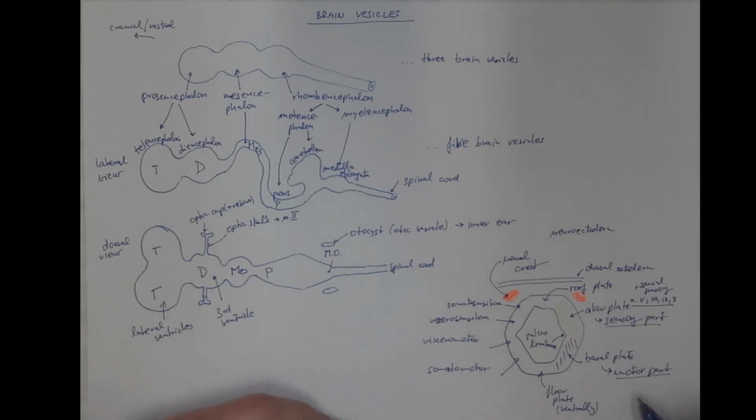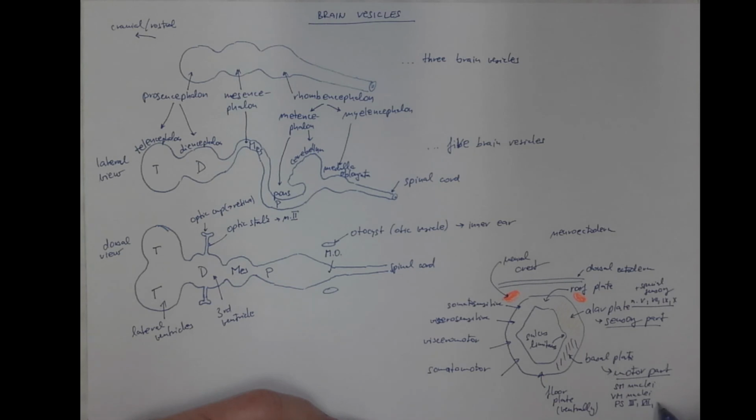While the motor part contains the medial and lateral somatomotor nuclei of cranial nerves, and also visceromotor nuclei of the cranial parasympathetic nerves, such as the 3rd, 7th, 9th and 10th cranial nerves.